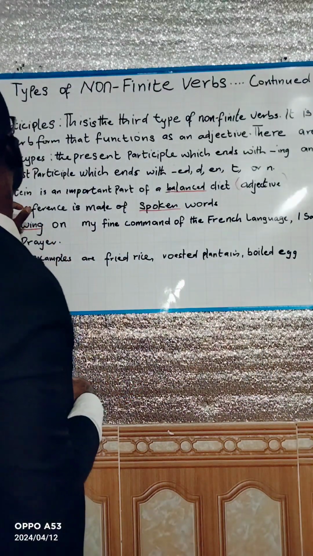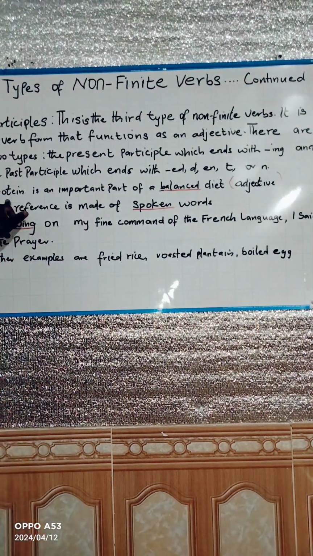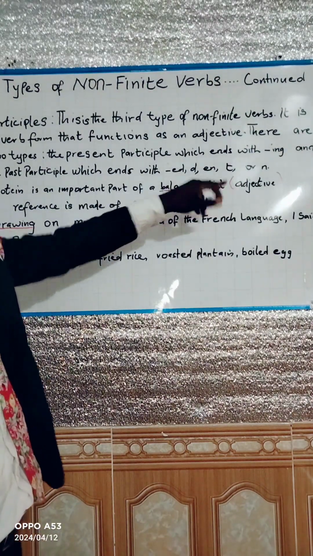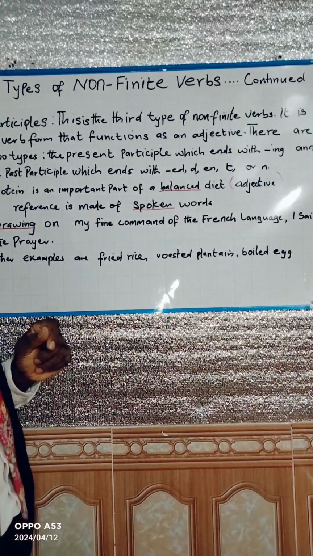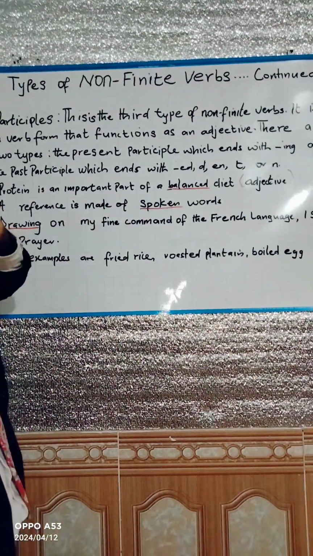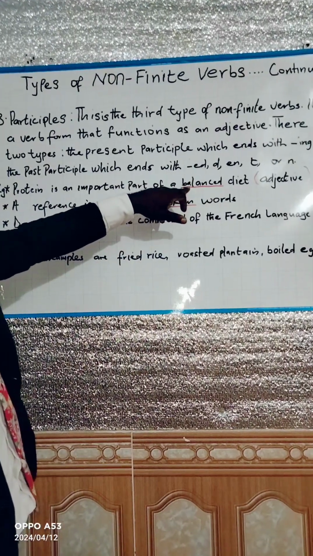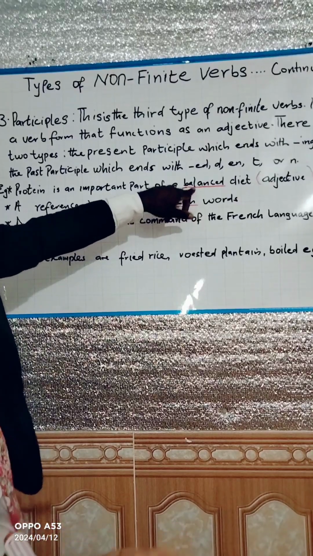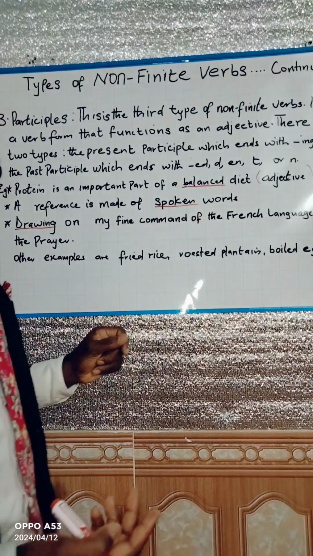Example 1: Protein is an important part of a balanced diet. The non-finite verb in question is balanced.